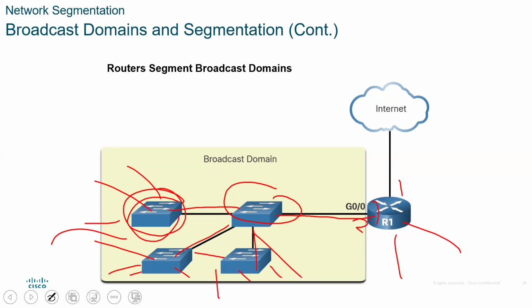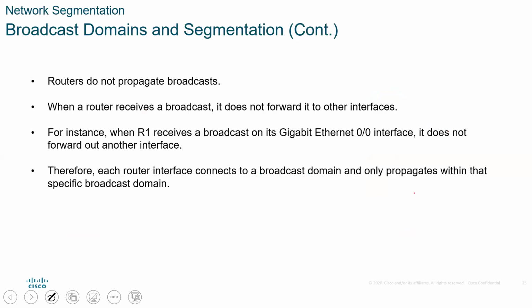So within your LAN, if you have many broadcast domains, and different broadcasts coming in, once the traffic comes to the router here, the router breaks it. It does not go out through others except being directed or configured to.